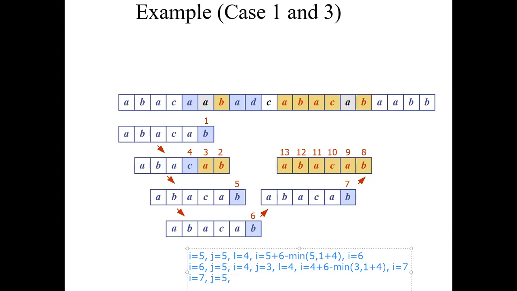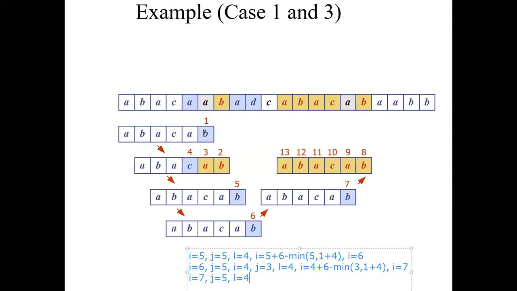L की वैल्यू mismatch is at which character? नहीं ये फिर से ये वाला कर रहे हैं ना. Again A पर है, L की वैल्यू is 4 because again the mismatch character is A.